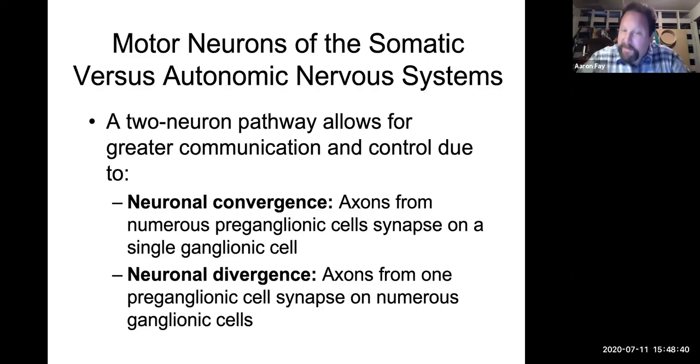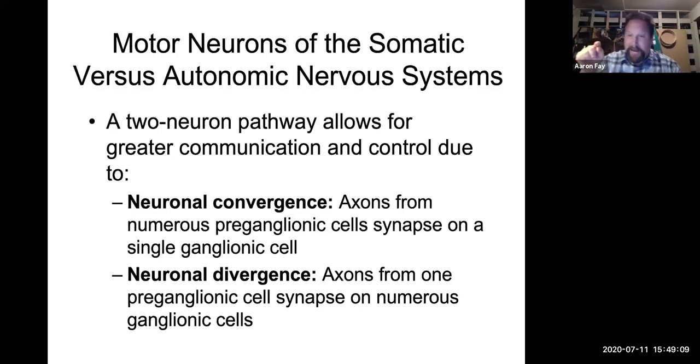So neuronal convergence: axons from numerous preganglionic cells synapse on a single ganglionic cell. So you have multiple preganglionic axons coming to the same ganglion. What this means is you can turn on your ganglionic neuron from multiple pathways.